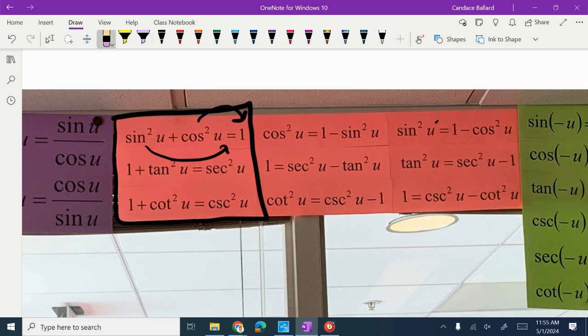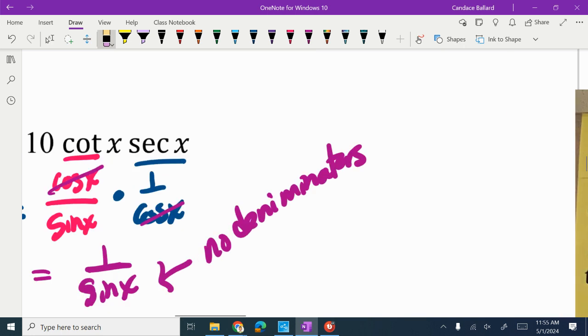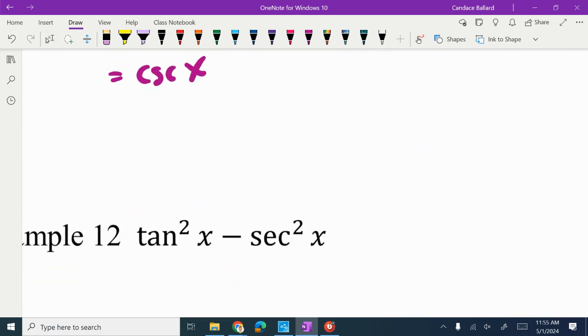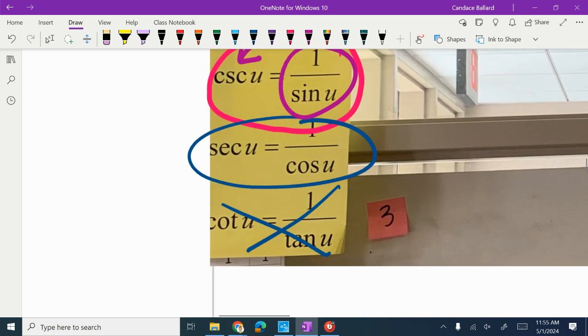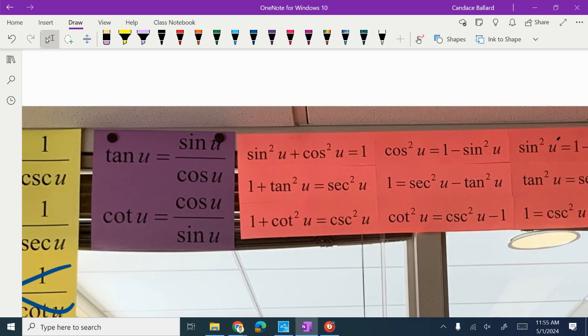So how I use this then is, I had a choice. I get to either go find tangent squared or secant squared. I'm going to find secant squared and see what that's equal to. So I'm going back to my sign and I'm looking for secant squared. Do you see how this is secant squared?